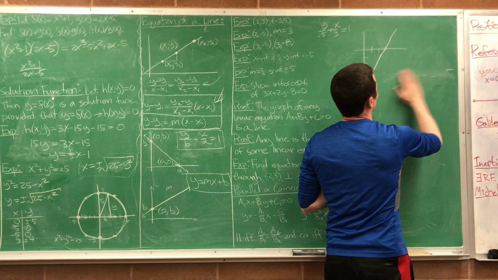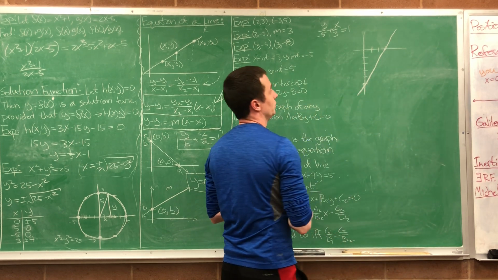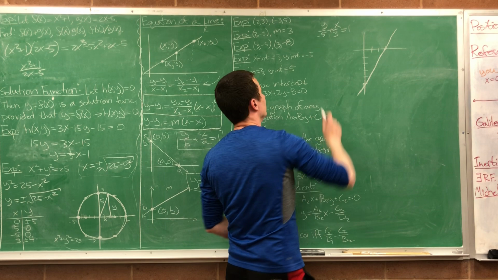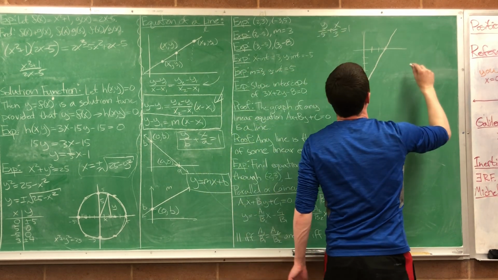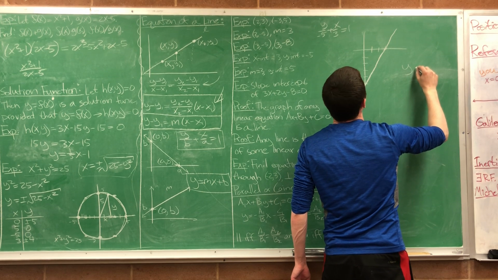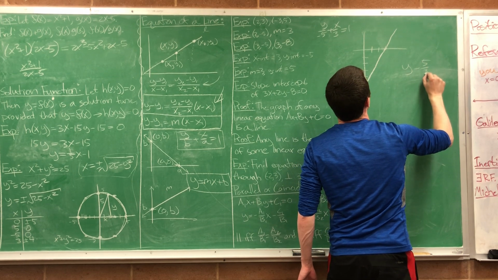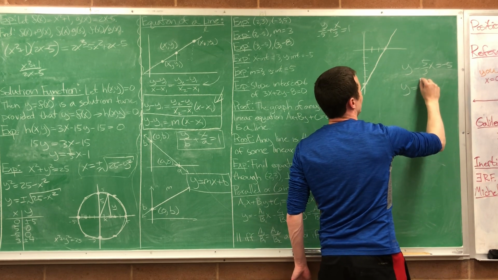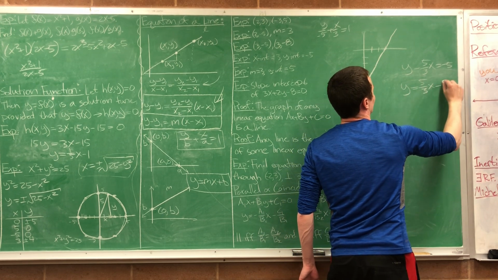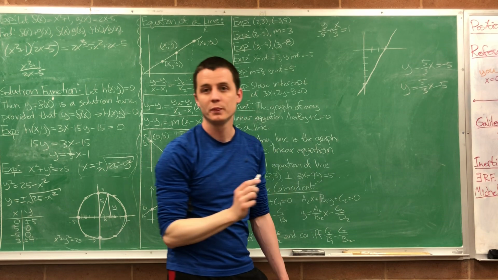Sorry, we won't multiply through by 15, we'll just multiply through by negative 5. I'm just trying to get at how you guys might want it. So multiplying through by negative 5, we get y minus 5/3 x is equal to negative 5, or y is equal to 5/3 x minus 5.